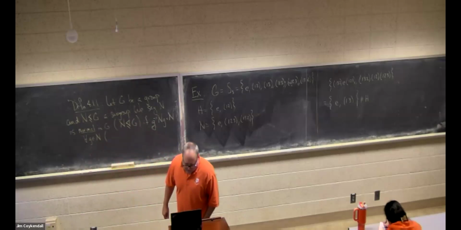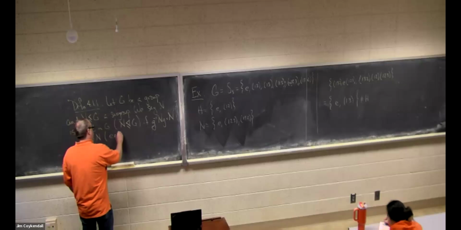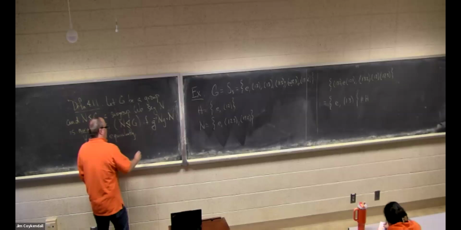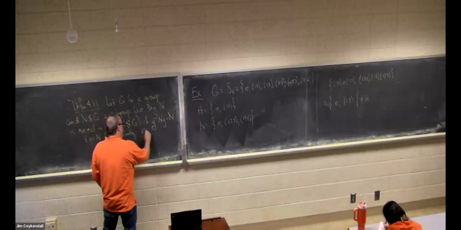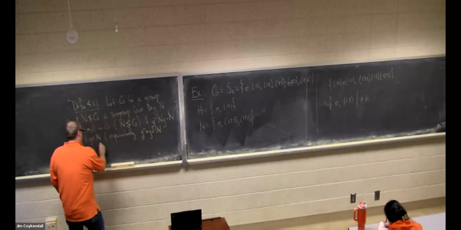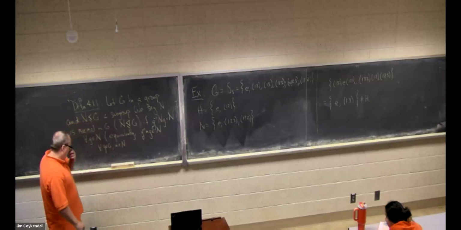Equivalently, and I'll leave it as an exercise for you, this is an easy way to tell: g n g inverse is an element of N for all g in G and n in N. And that's why you used to prove one of the questions on the homework for homework 3.